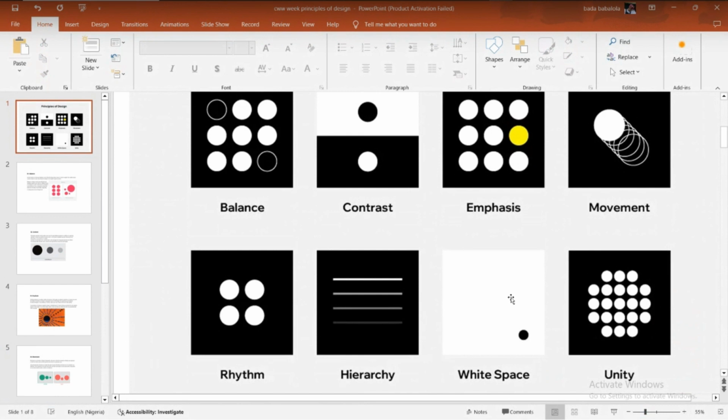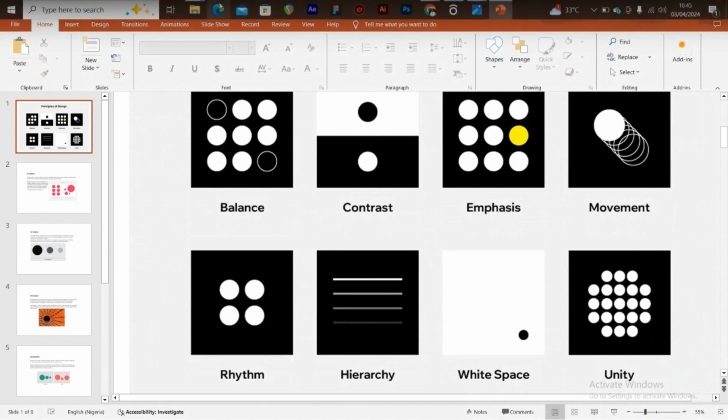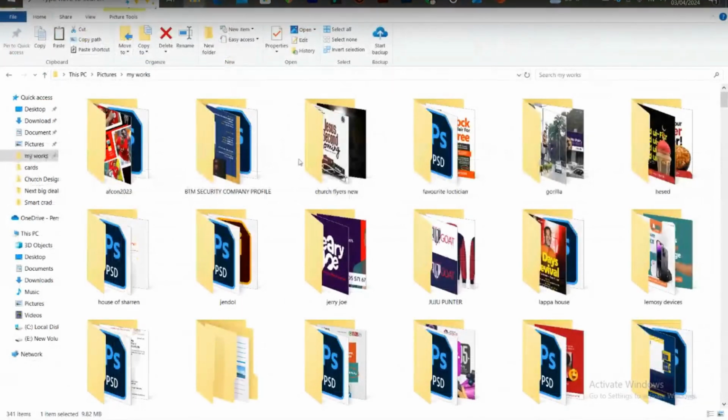The last one that is there is unity. Unity is just like we have to be together. It's not like contrast is just flying away. Everything has to align and move together. When you see it, you know, okay, these are actually cool designs that are staying together.